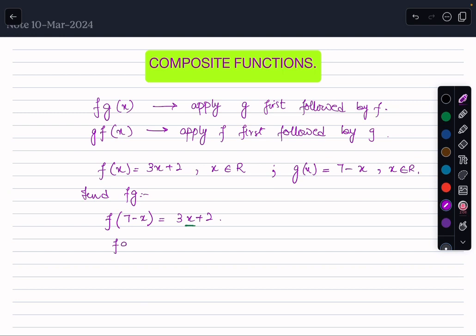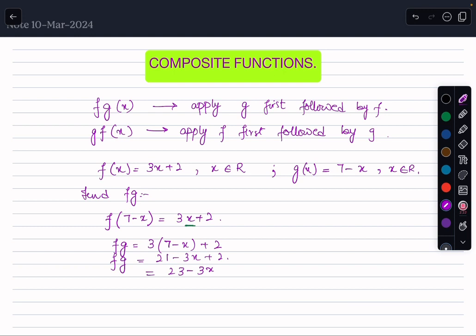So f of g will be equal to 3 times (7 minus x) plus 2, or solving it, 21 minus 3x plus 2, which is 23 minus 3x. So this is what your function fg is going to be.